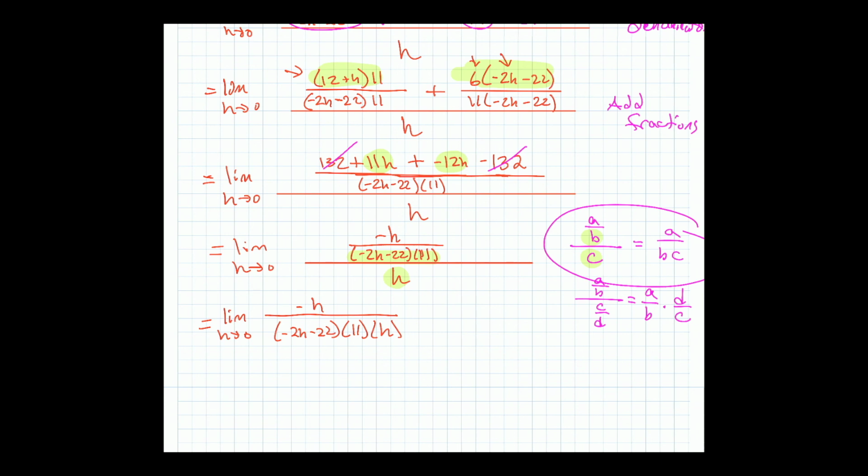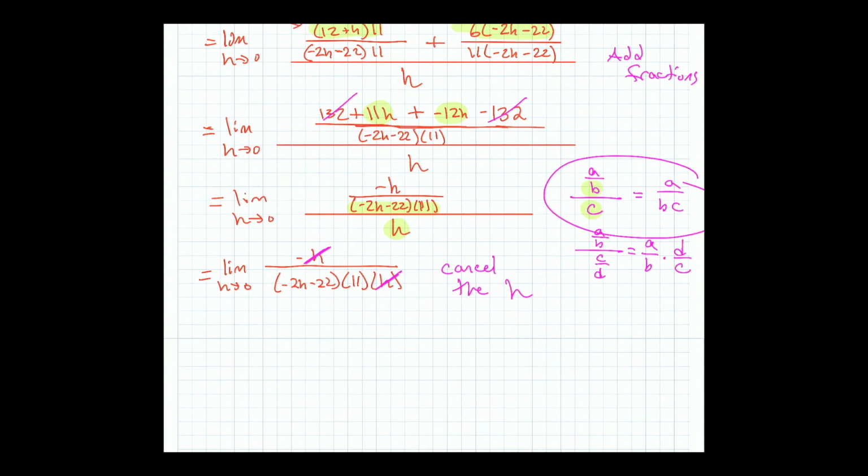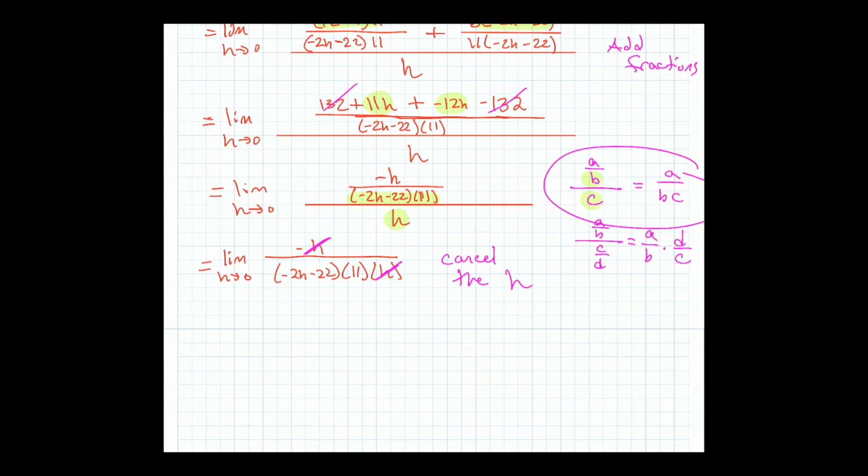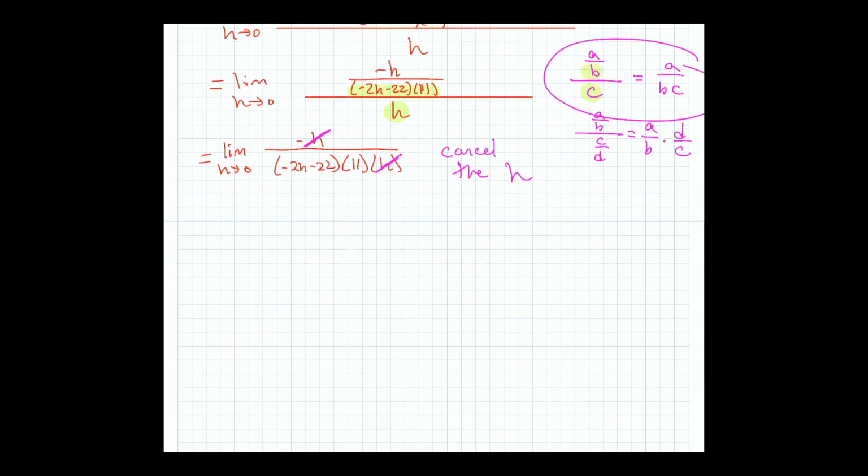Okay, like that. Now once you have it there as one fraction, we should be able to cancel the h again. All of these, you're eventually going to be canceling an h in the numerator and the denominator. So this is where it happens here. So what do we have?